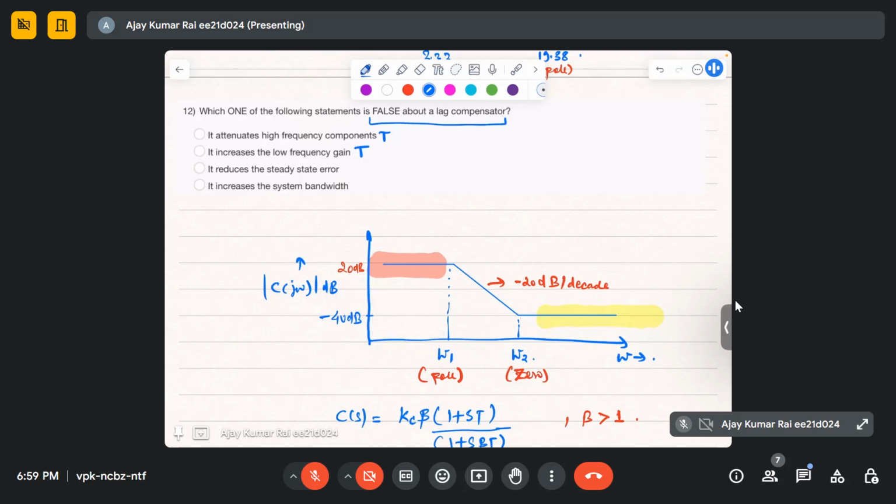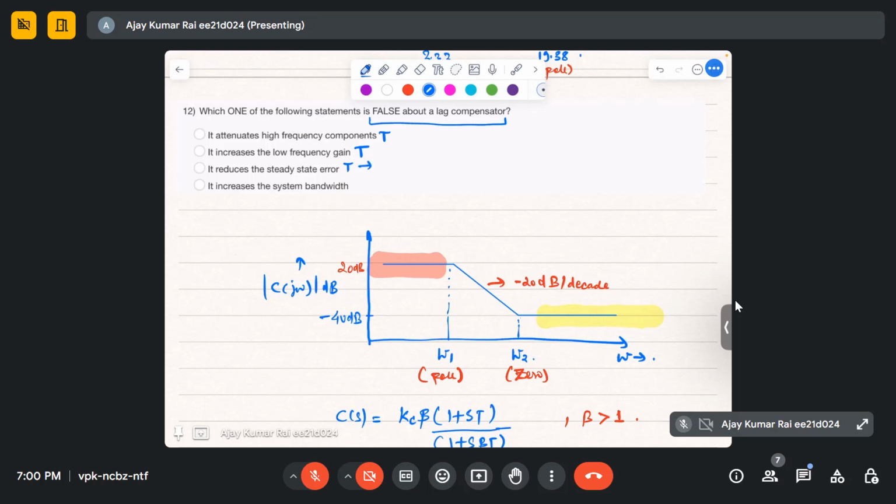Let's see the third statement: it reduces the steady state error. Your gain at low frequency determines the steady state error. That we have seen.